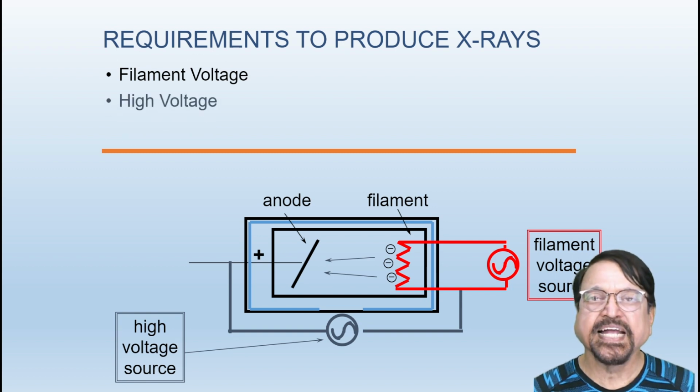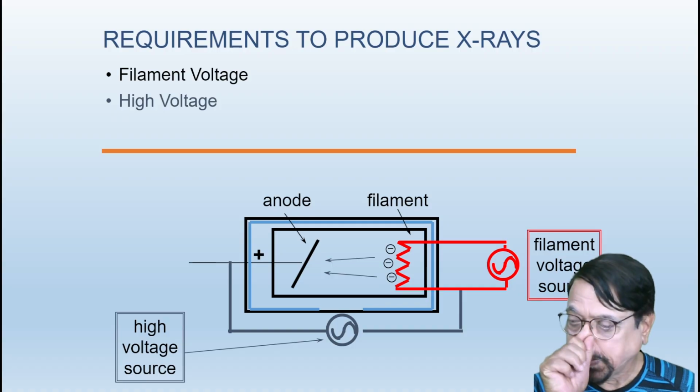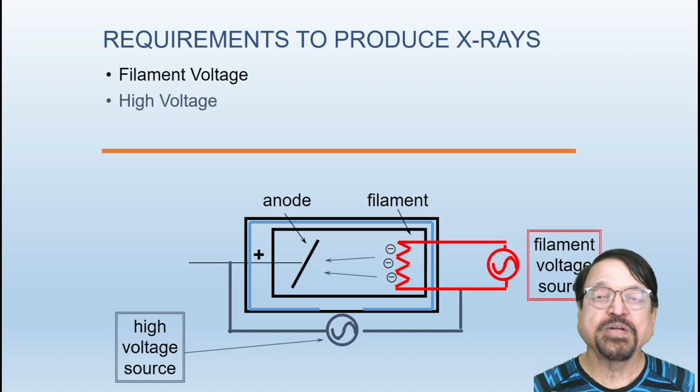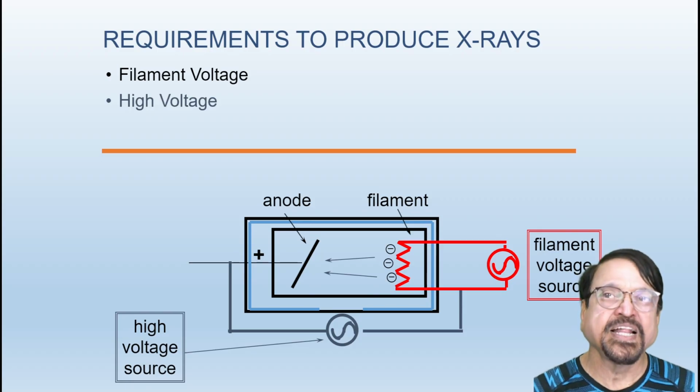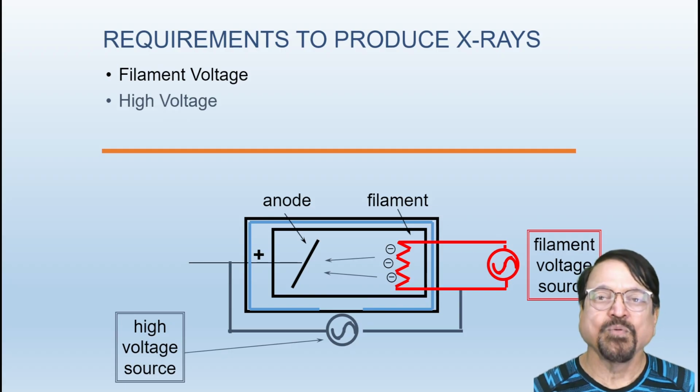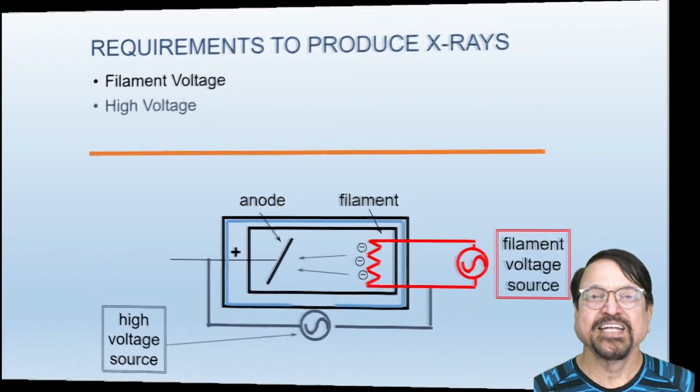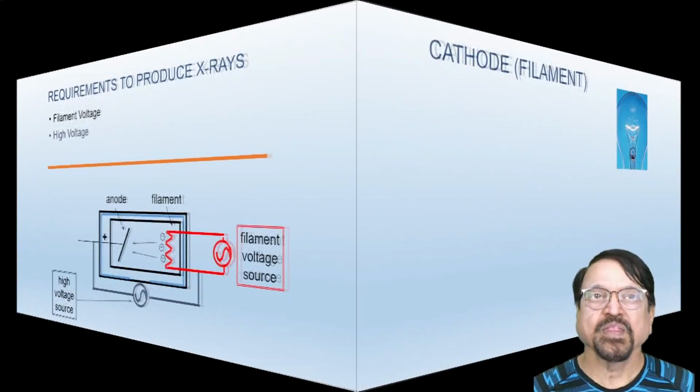So: filament voltage and high voltage. The filament voltage gives more thermionic emission, so more electrons are available, and the high voltage gives more potential difference and faster speed. So more electrons, more speed, more X-rays. In that way it works.